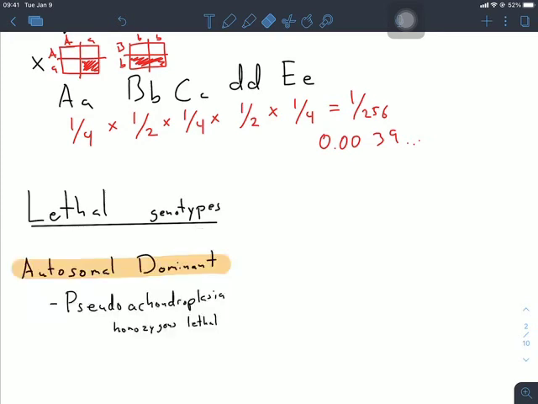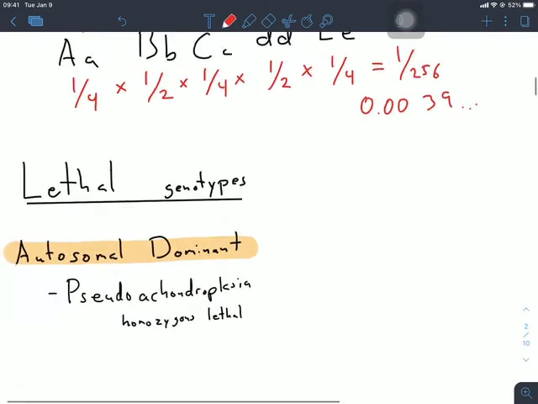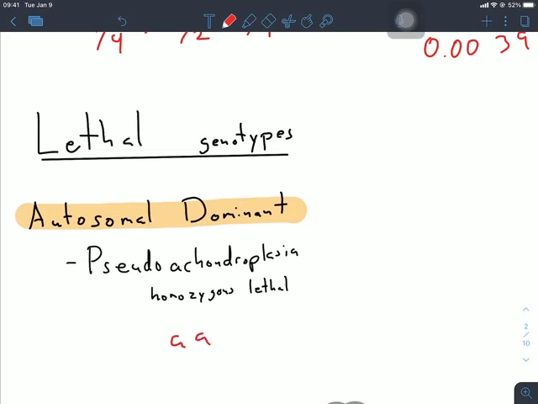Well, yeah, going back to last lecture, from our autosomal dominant inheritance from our pedigrees, you'll remember that pseudoachondroplasia was a homozygous lethal when given the recessive alleles. Pseudoachondroplasia was our dwarfism, where lowercase a resulted in a child that would not be born.